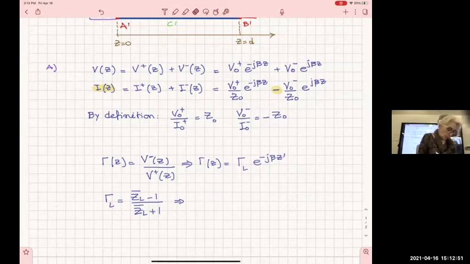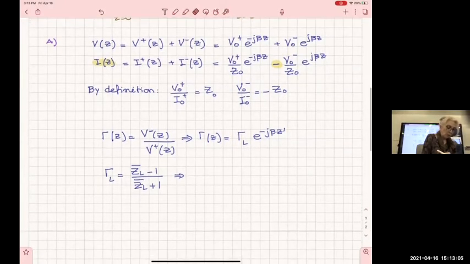All right, so from there, we have that gamma L is equal. Now, why are we going to use gamma L? Let me find gamma L first of all, and then we will plug this into the relationship and then put it up there.